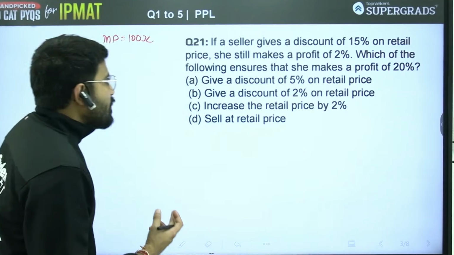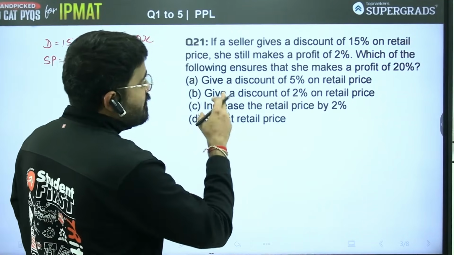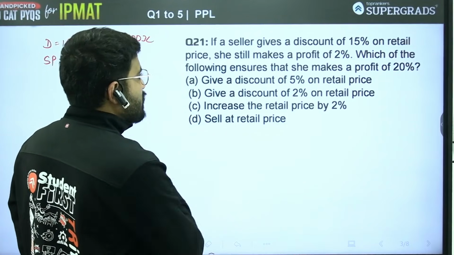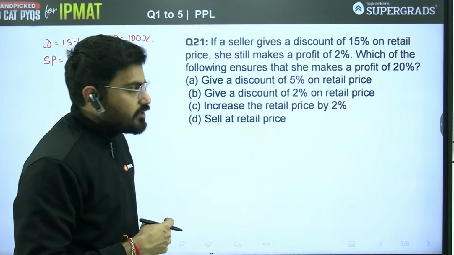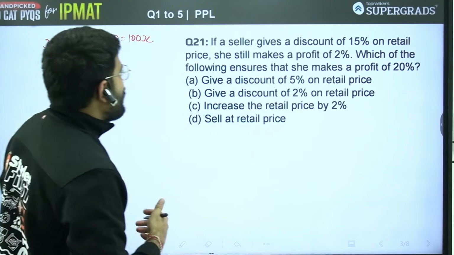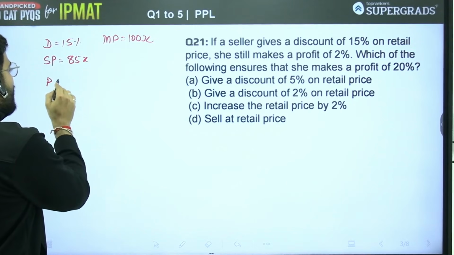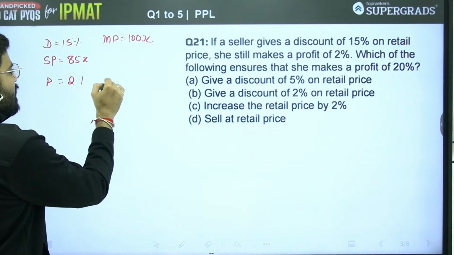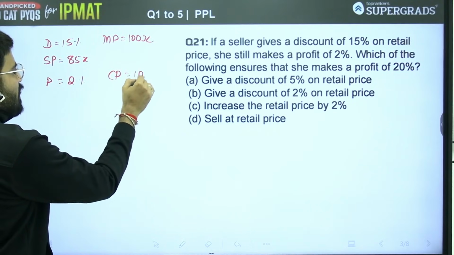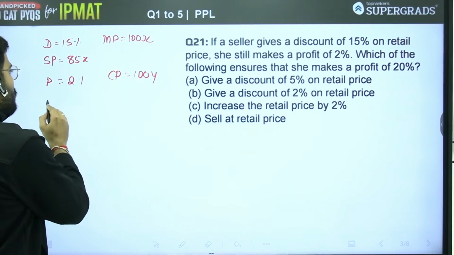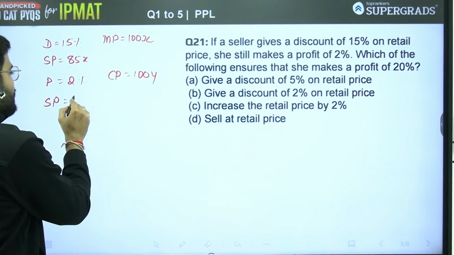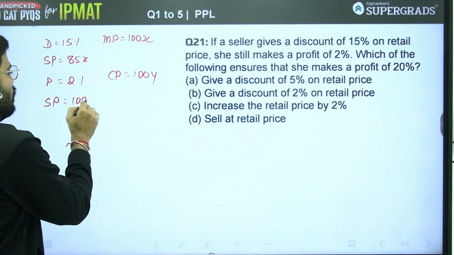I'm continuing with my explanation that she still makes a profit of 2%. Which of the following ensures that she makes a profit of 20%? If she is making a profit of 2%, I will assume that CP is equal to 100y and profit is 2%, so from here I get SP is equal to 102y.